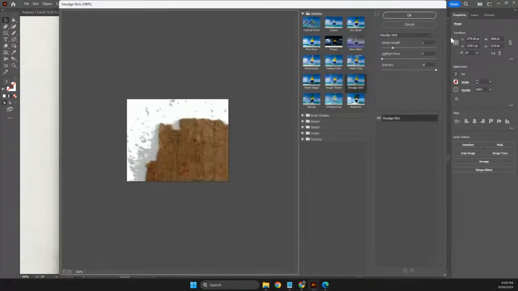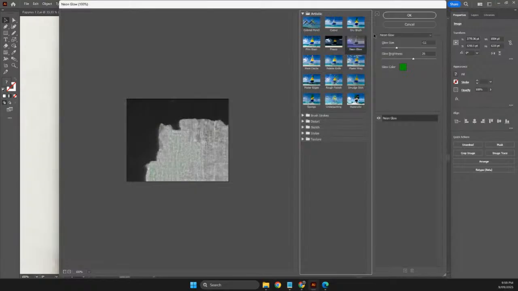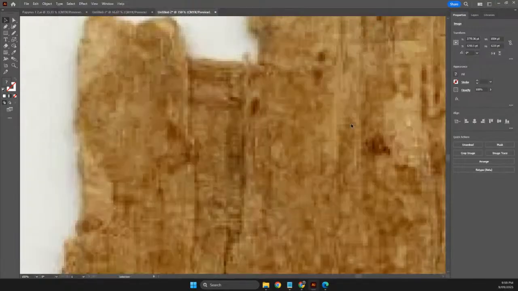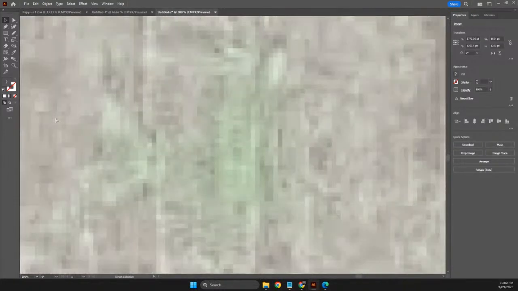I'll apply the neon glow. Okay, can you see that a little bit now? The capital C there, the iota there, and the key there. I'm seeing it. Okay. Zoom in.